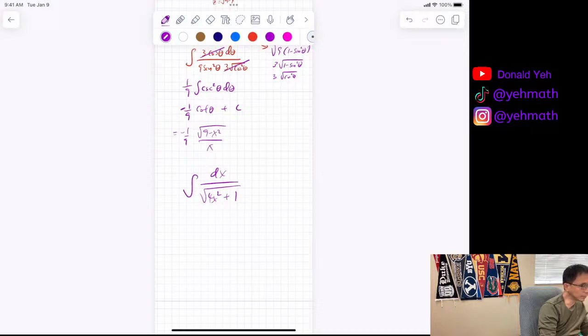Integration of secant. You should know that one. But you're on the right track though. Do you have a constant in the front? On the bottom, which is what? 2. Good.